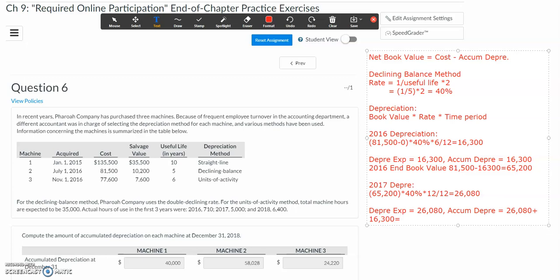So now we need to add both of these together to get our total accumulated depreciation for 2017. So we have 42,380.